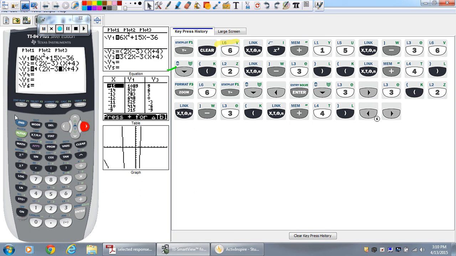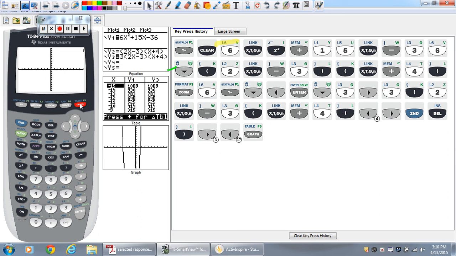So I'm going to insert that, second insert, and put that in there. So that looks better. 2x minus 3, x plus 4. And I've got a 3 out in front. Let me make sure I did that okay. Yep. All right, I'm going to graph that. There's the first one.